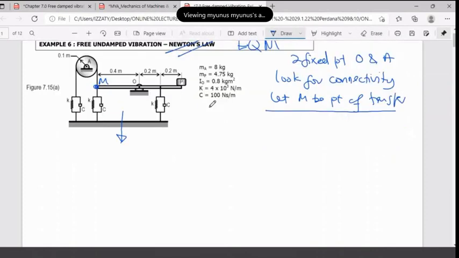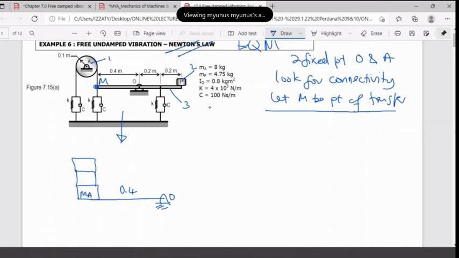You have M, so put it here, 1, not to scale, yeah. This one is 0.4, put it 0.4. About O, how many masses? 1 mass, 2 masses, 3 masses. So you have 3 blocks. Put it at 3 blocks. 1, 2, 3, and name it M.